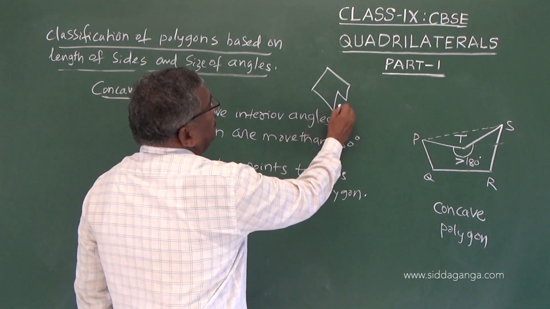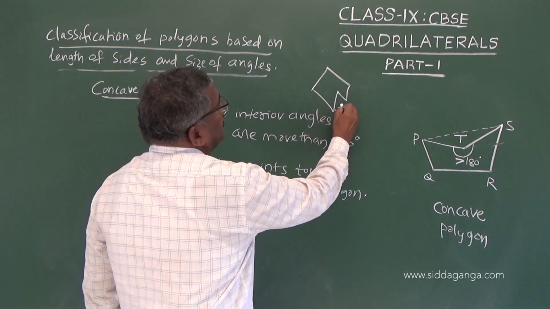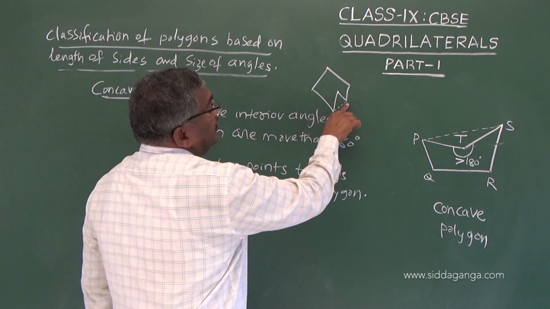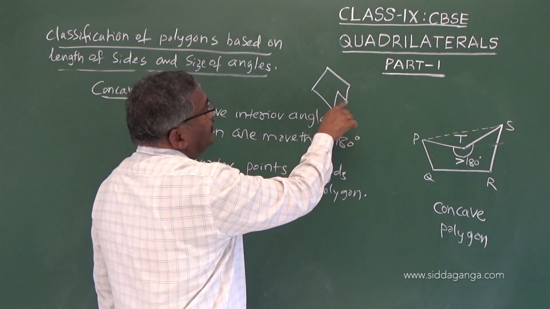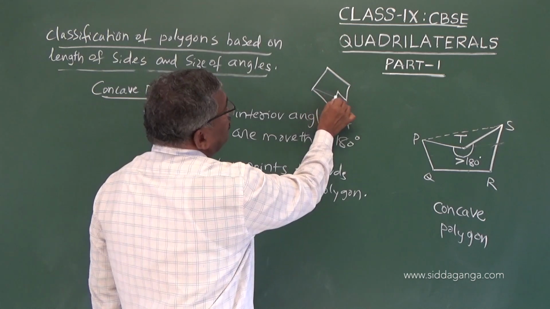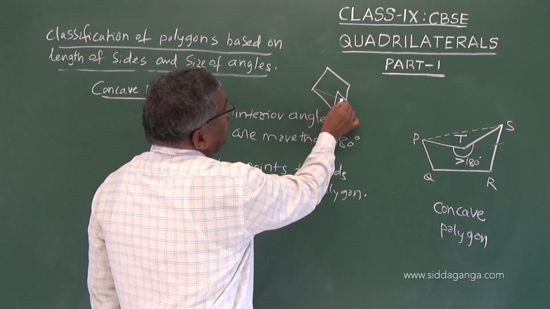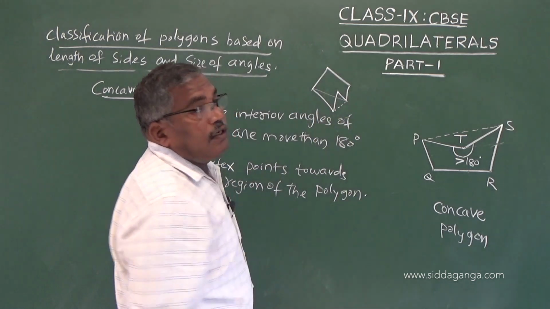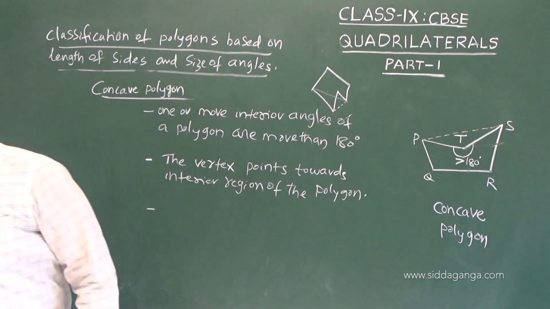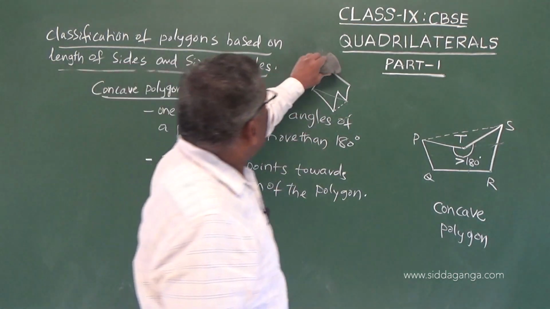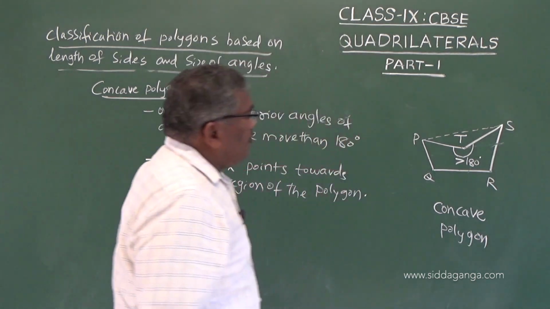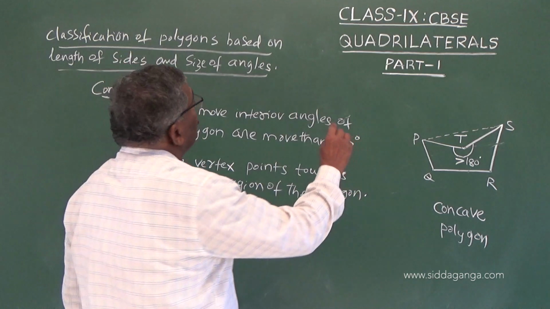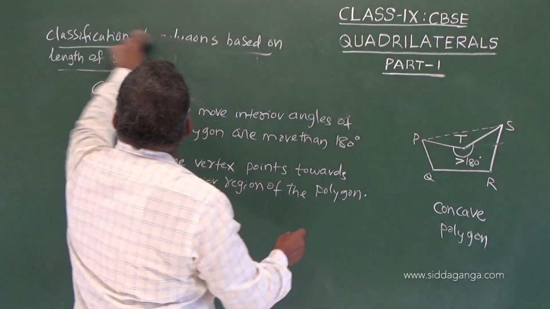If I draw from this point to this point, it lies in the exterior area. If I draw from this point to this point, it is partly inside and partly outside. Such figures are also concave polygons.